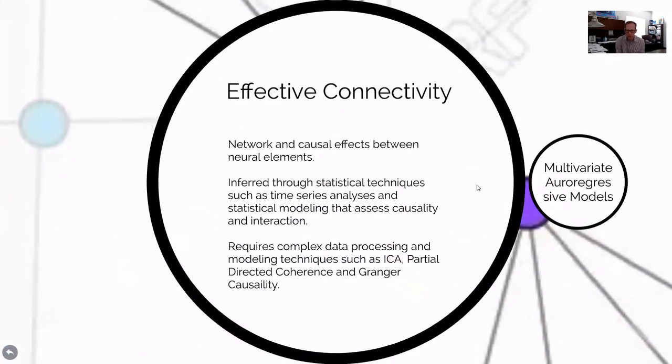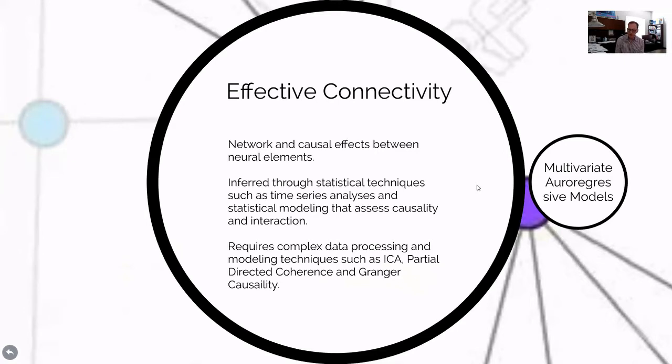That takes us to what we call effective connectivity. Effective connectivity implies network and causal effects between neural elements. It is inferred through statistical techniques such as time series analyses and statistical modeling that assess causality and interaction. So now we are no longer in the correlational domain where we can only establish that there's a relationship and not the cause.